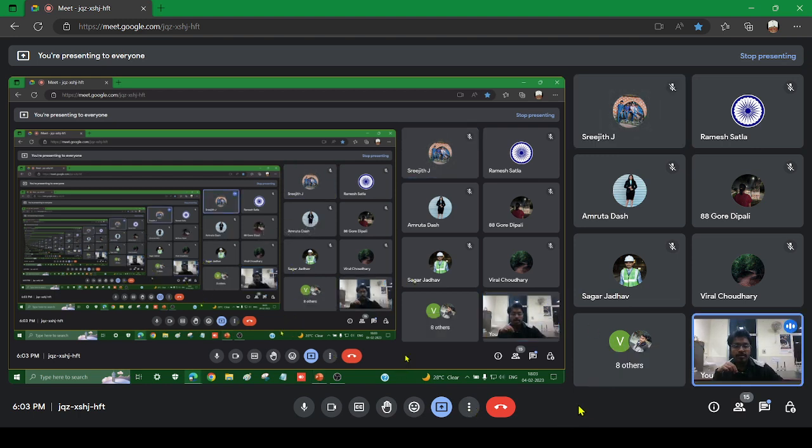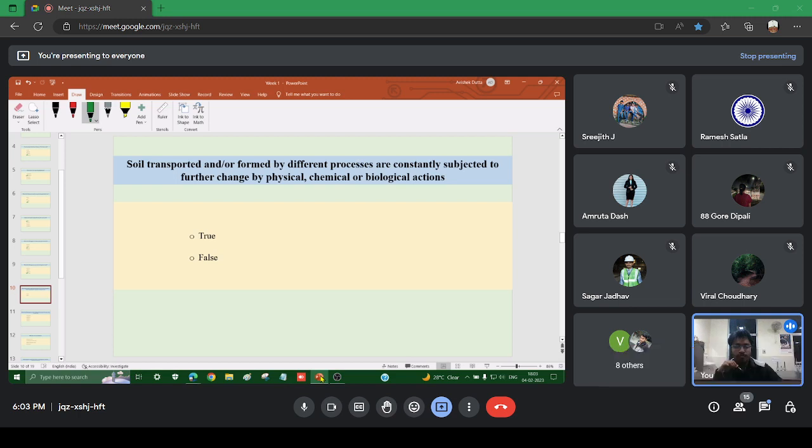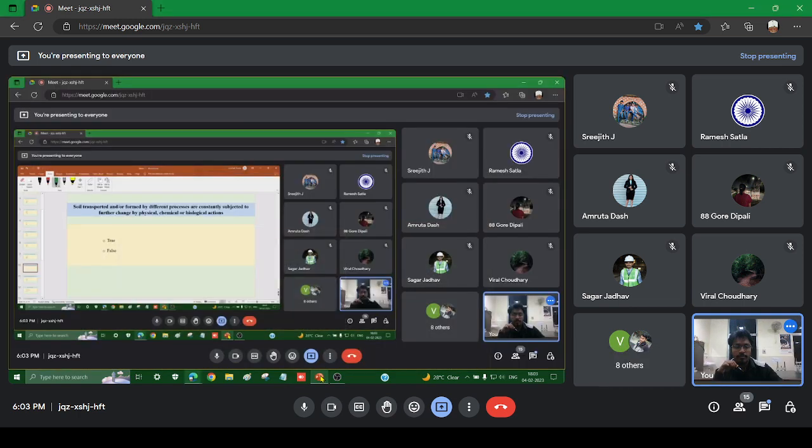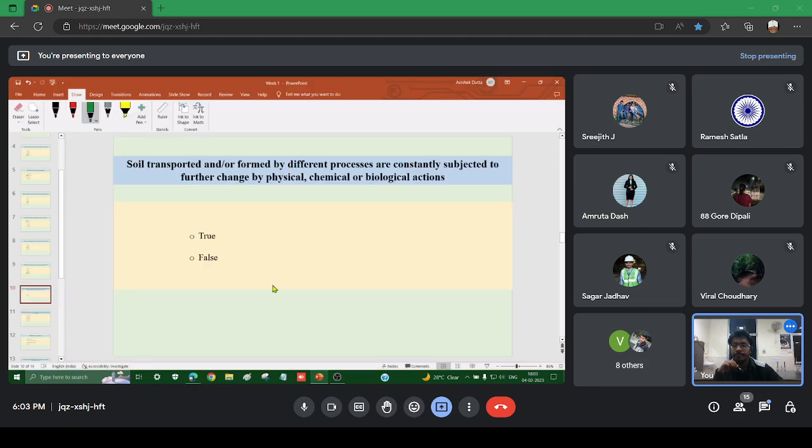Is there anyone who thinks this statement is false? Okay, so every one of you thinks it is true. Yes, it is true, because once the soil is transported or formed, it is still subjected to further change by any means. So the statement is true.